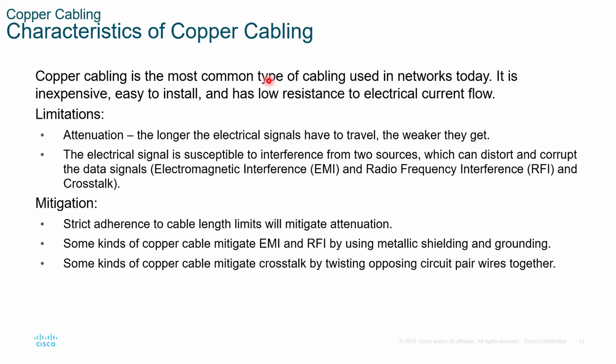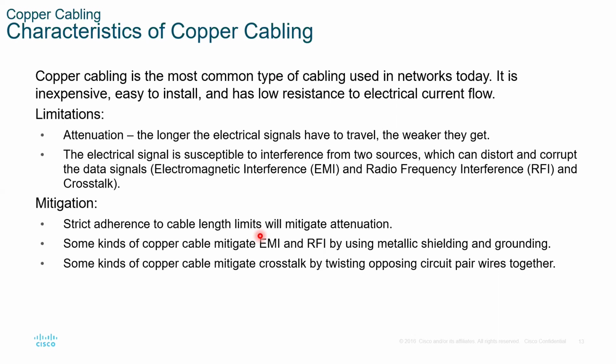Some of the things that are very important: limit cable length to mitigate attenuation, with strict adherence to cable length limits. It means that when you are using copper, you don't have to use very long cables. That's why we see LAN cables of 2 meters, 1 meter, 2 meters.